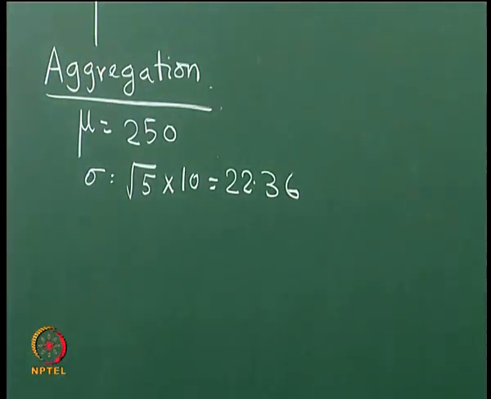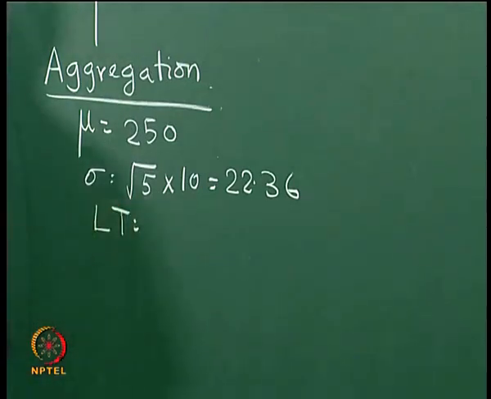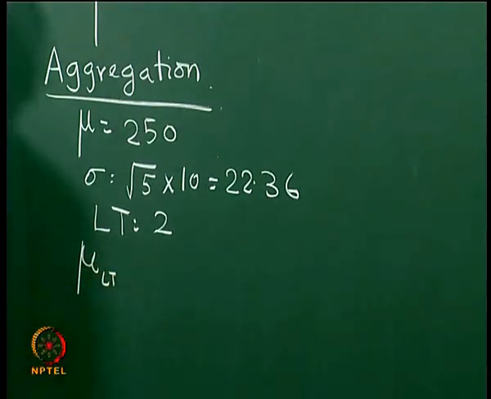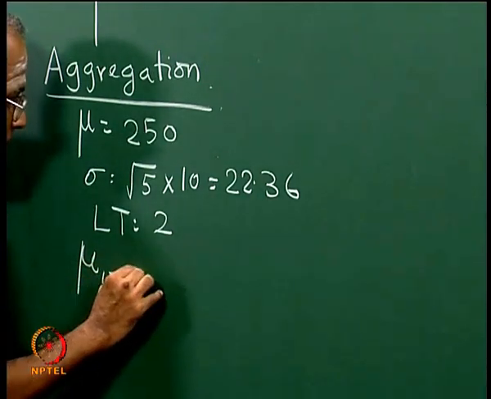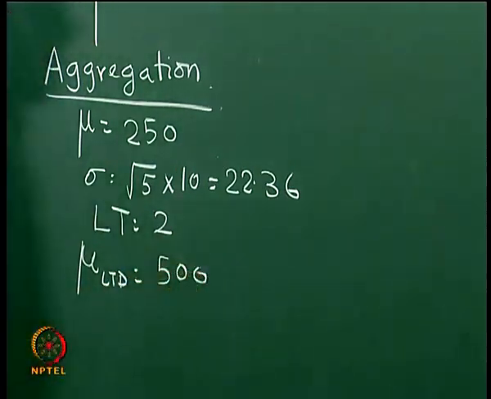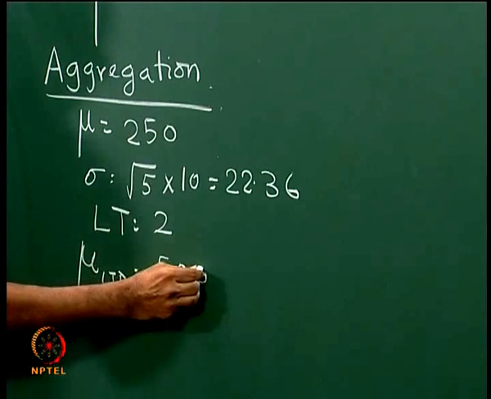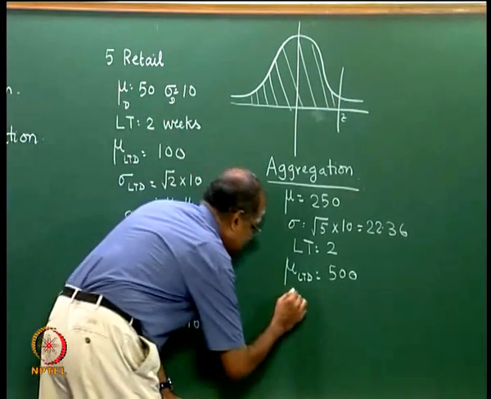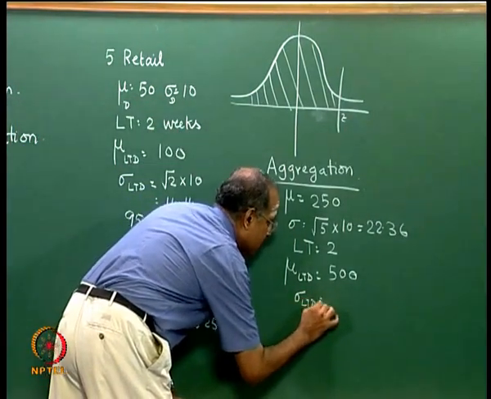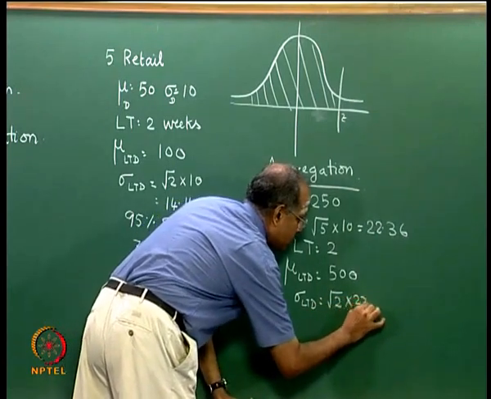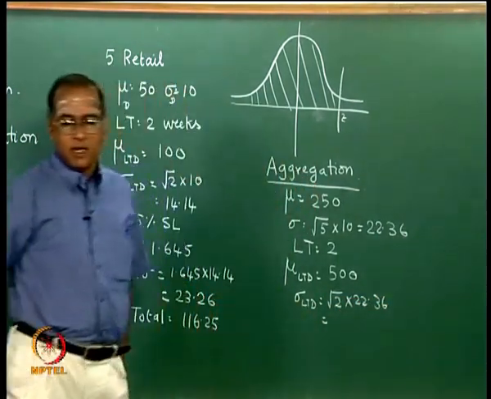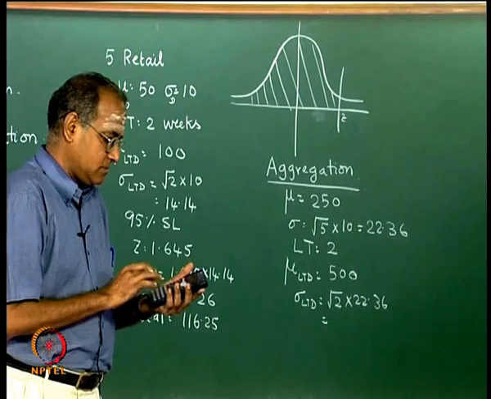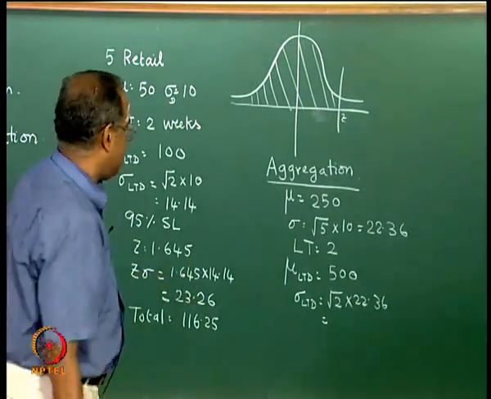And once again, if lead time is 2 weeks, then demand during lead time will be 500, which is the same as the demand of 100 over 5 retailers, but the standard deviation of lead time demand would now be root 2 into 22.36, which will become 31.62.